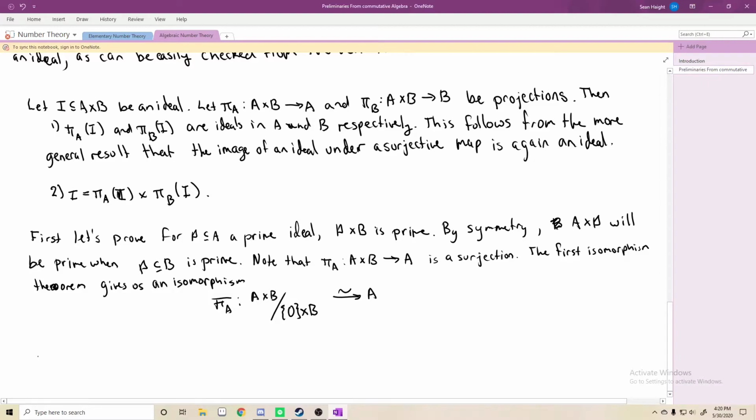We have, since P is prime in A, pi sub A bar inverse of P, under this isomorphism, if I trace it back here, A cross B mod 0 cross B is prime.